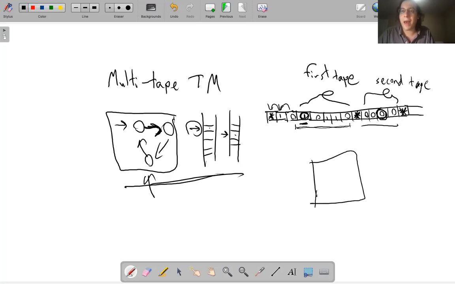So we are expanding the alphabet used to write on the tape by doing this. And now this Turing machine can have code that goes back and forth. It says, move left until you find this first star, and then start moving right one by one until you find the circled position.